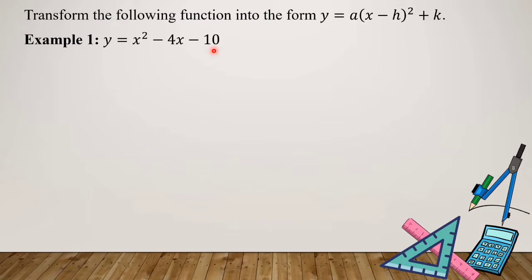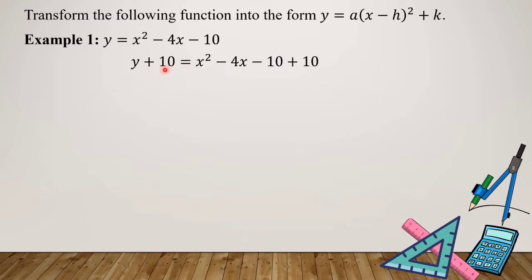The next step that we're going to do is to interchange the negative 10. So to make it 0, we add positive 10 both sides. Take note class na kapag nag-add kayo ng positive 10, dapat ganun din to the other side to make it balance. Which is y plus 10 is equal to x squared minus 4x minus 10 plus 10.